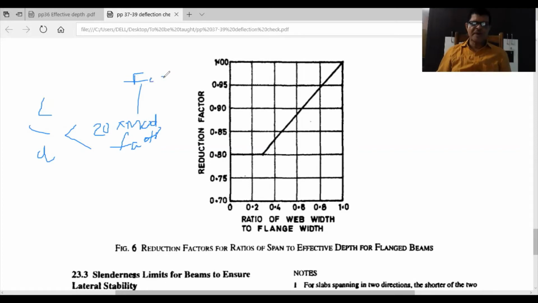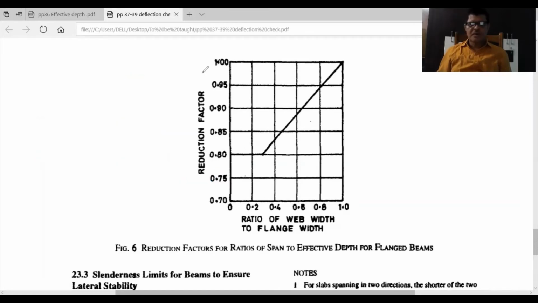Then there is another modification factor from figure 5, and then there is a reduction factor from figure 6. Okay, so all will come depending on the situation.